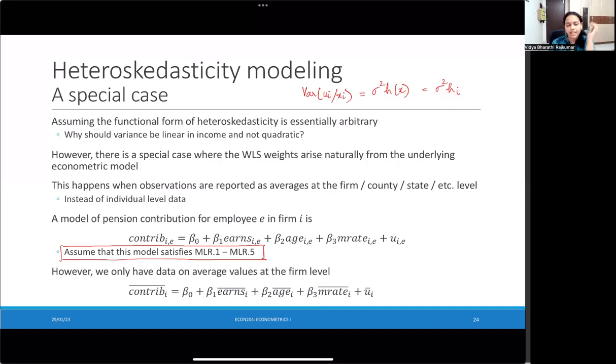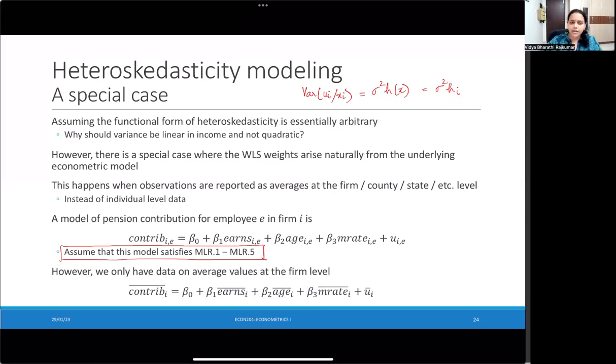So in the earlier case, when we saw a savings function, we assumed that h_i just takes the value income, inc sub i. So we assumed that the variance of the error term was linear in income.